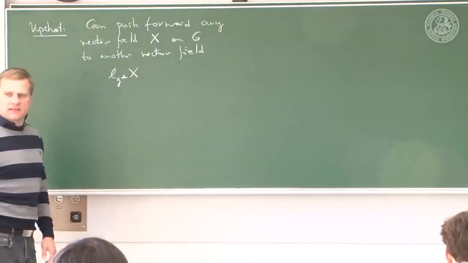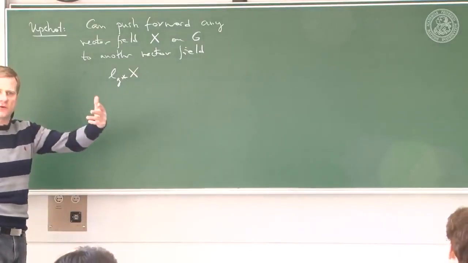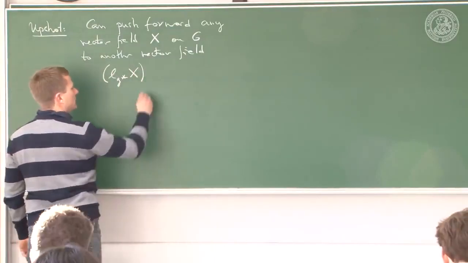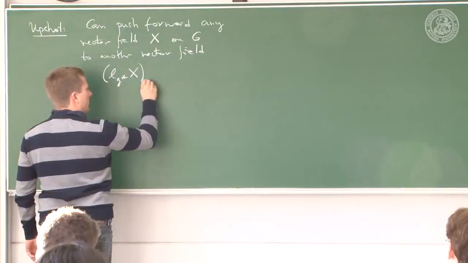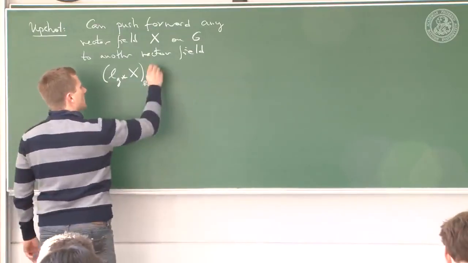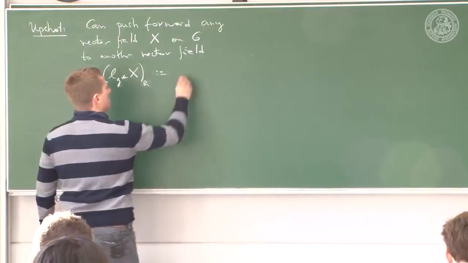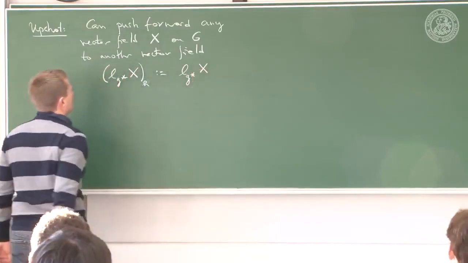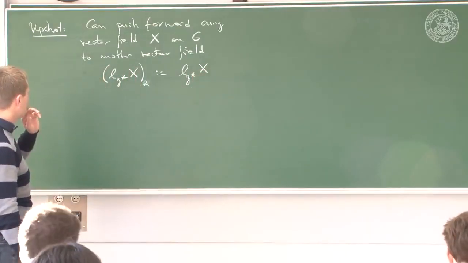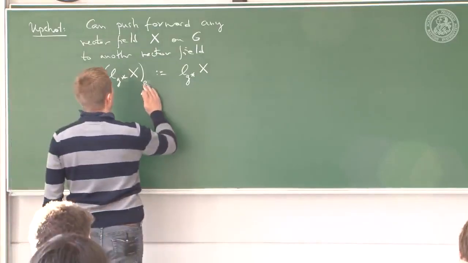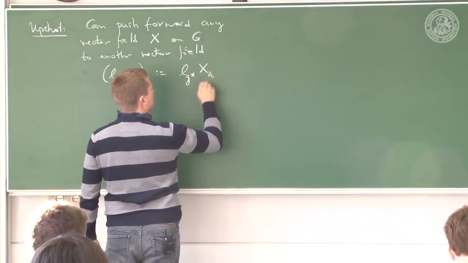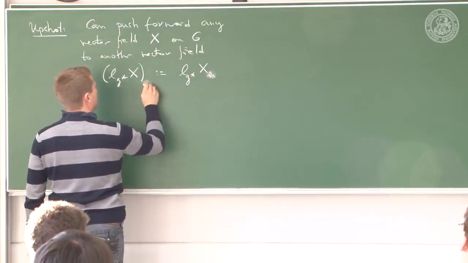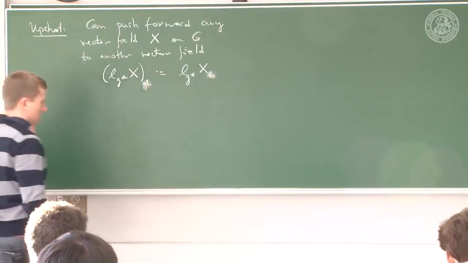That's not defined yet. We defined the push forward of a map on a vector, but not on a vector field. But I define it on the vector field at the point h in G. I define it to be the push forward of the vector field at the point h, and I think what I want here is the push forward at gh.